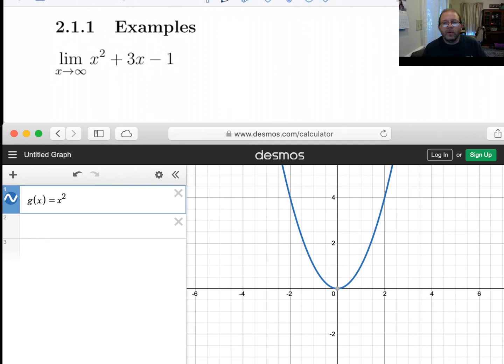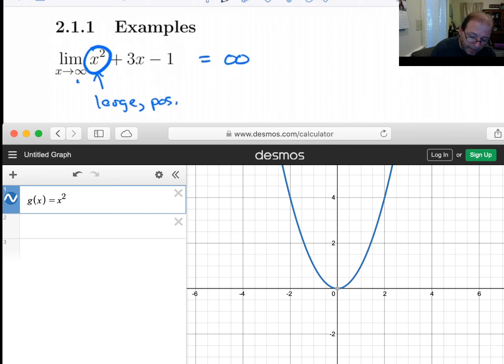So it's the only one we have to look at to determine these limits. So I can just ask, what happens to x squared when x grows to a large positive number? Well, x squared is also going to be large and positive. So this limit is going to be infinity.